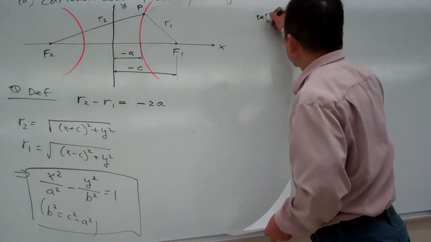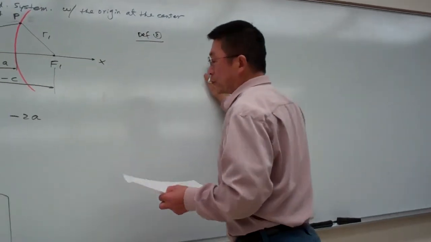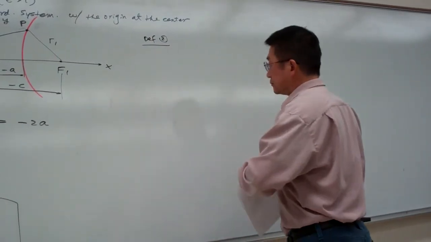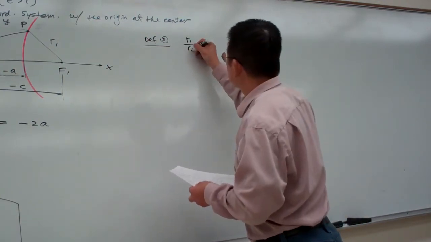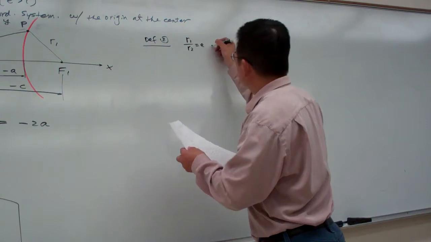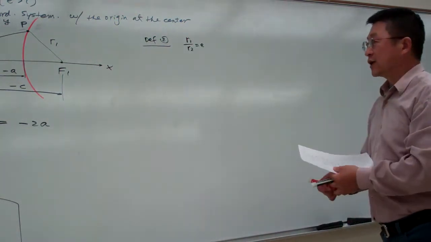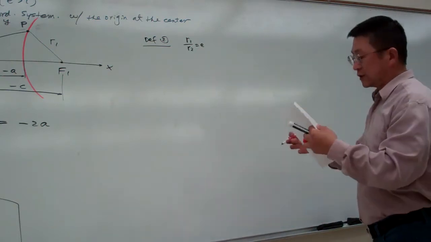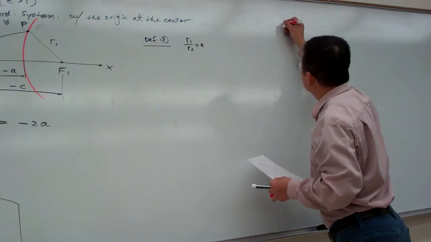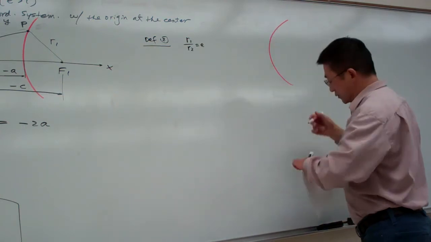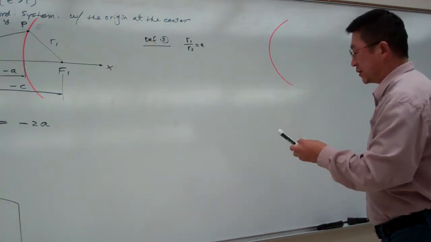And now we use the second definition, the focus-directrix property. This is the focus-directrix property, and let me use a different figure to show the details. So this is one branch. Let me pick the right branch there.